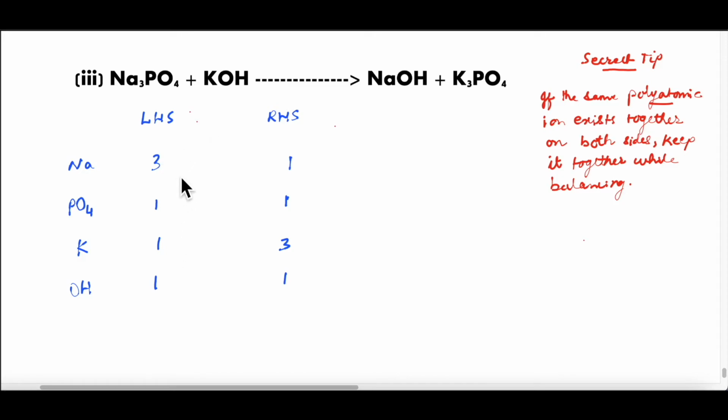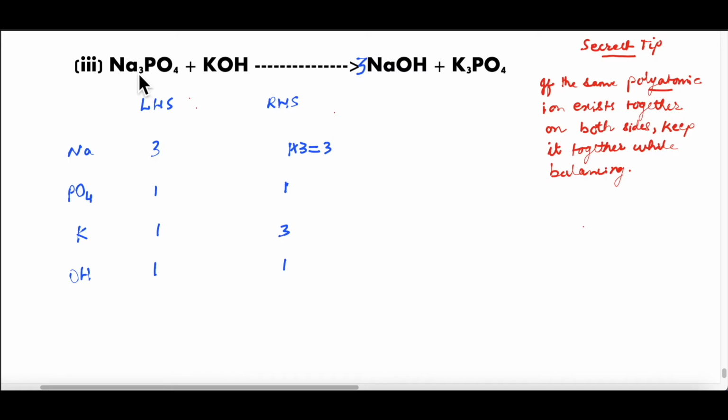So on observation, it is seen 3 sodium atom on the reactant side. So in order to balance it on the product side, we need to multiply it by 3. So we have 3 sodium atom on the product side.